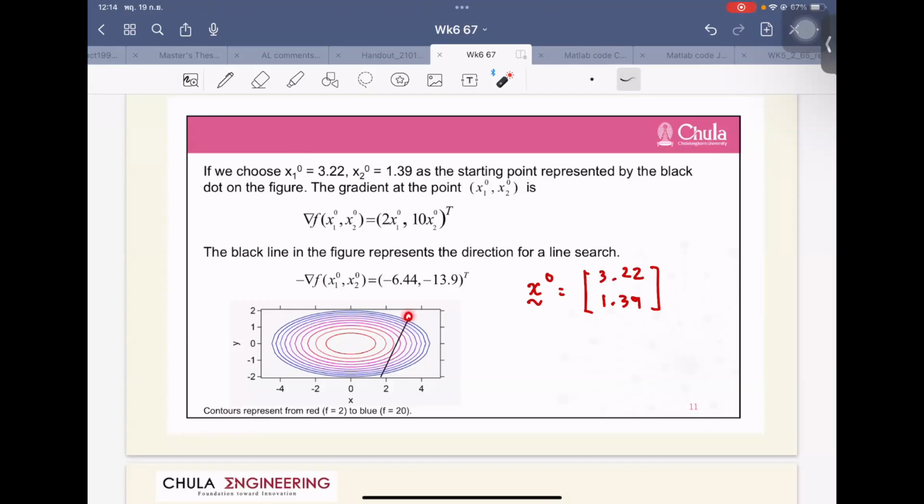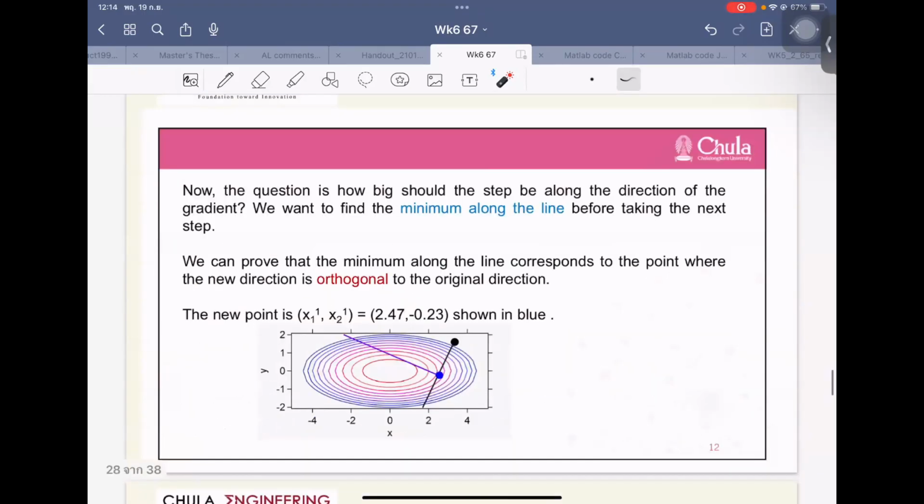So for the first iteration, you start with the initial point and find the negative gradient. The question is, when do we stop before we go to the next iteration? The black line represents the direction. What should our step size be to stop?